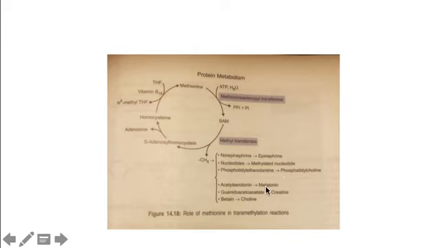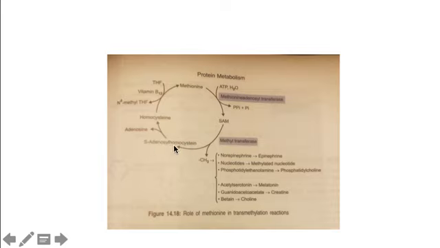And then it leads to synthesis of melatonin, and guanidinoacetate gives synthesis of creatine, and betaine to choline. So these are all accepting the methyl group and it gets converted to S-adenosyl homocysteine.